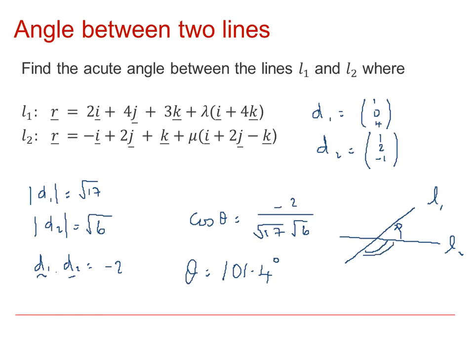So we need to get the acute angle by subtracting from 180 degrees. So the acute angle is 180 minus 101.4, which turns out to be, not negative, I beg your pardon, 78.6 degrees.